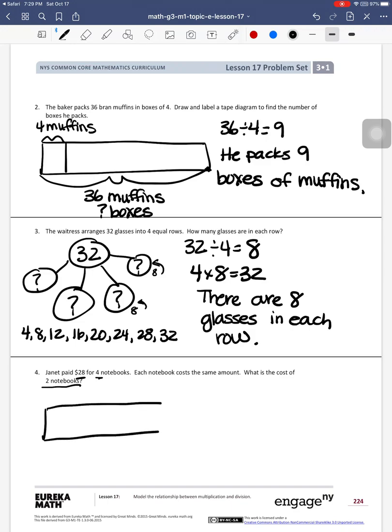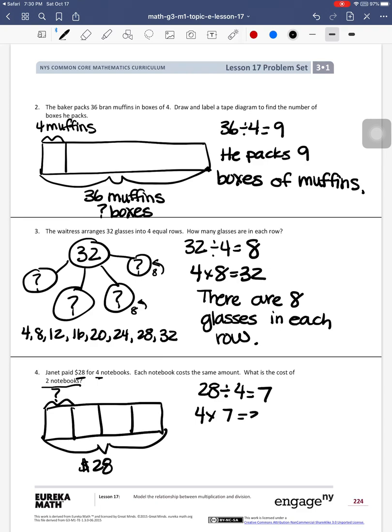And if I know 4 is my total, I need to say, what's 1 less than 4? 3. So I need to make 3 lines in order for me to have 4 boxes, right? So we don't know this number. But we know this is $28, right? So I can say 28 divided by 4 equals 7.